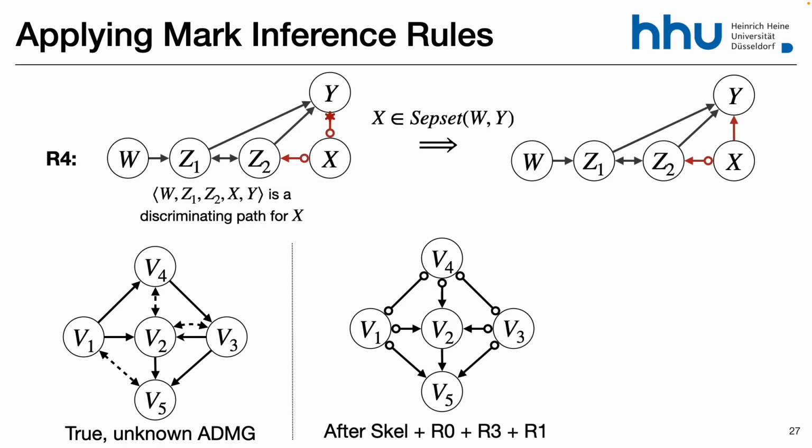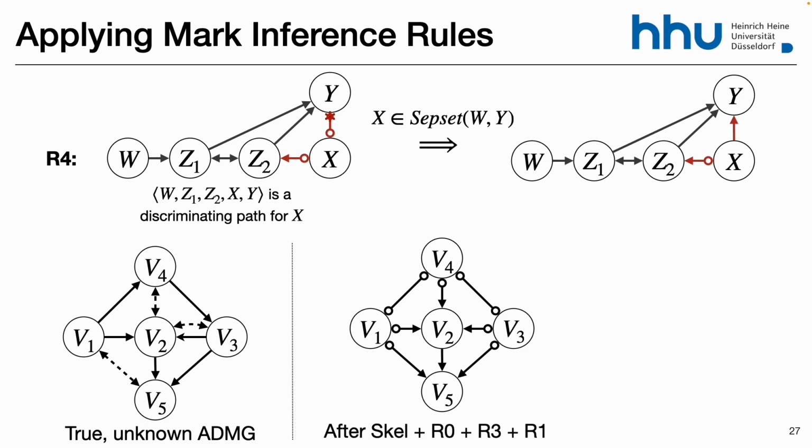Now that is this rule 4, which is the discriminating path. You know already. If you look at the current status of our graph, there are some discriminating paths. Maybe you can help me to find. It's a collider path where all colliders are parents of the last variable.